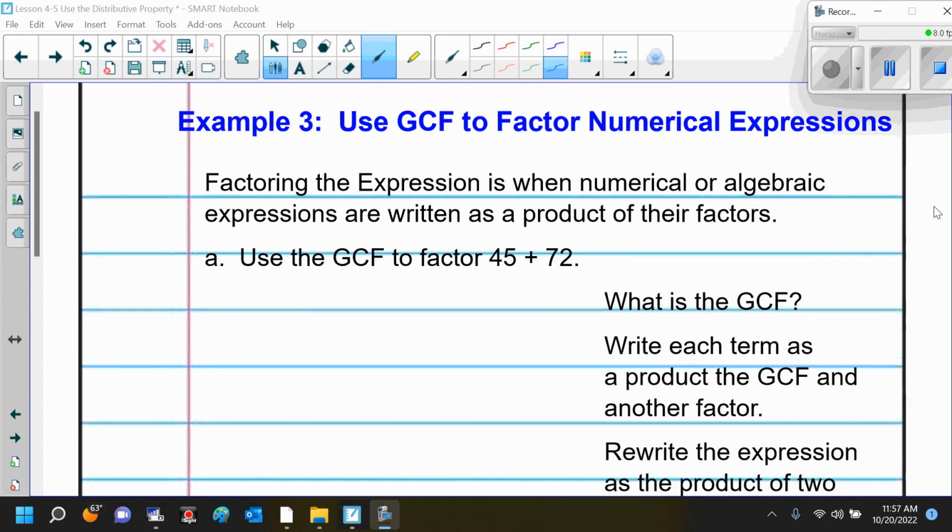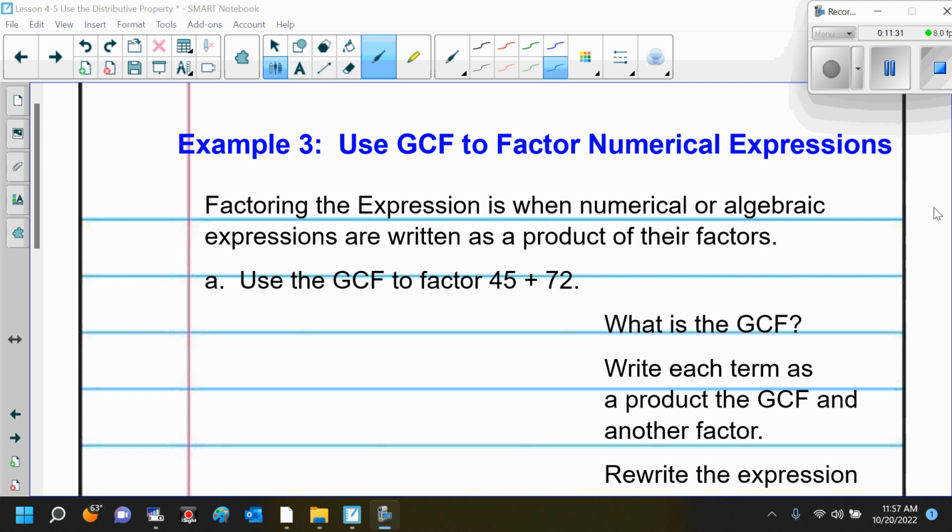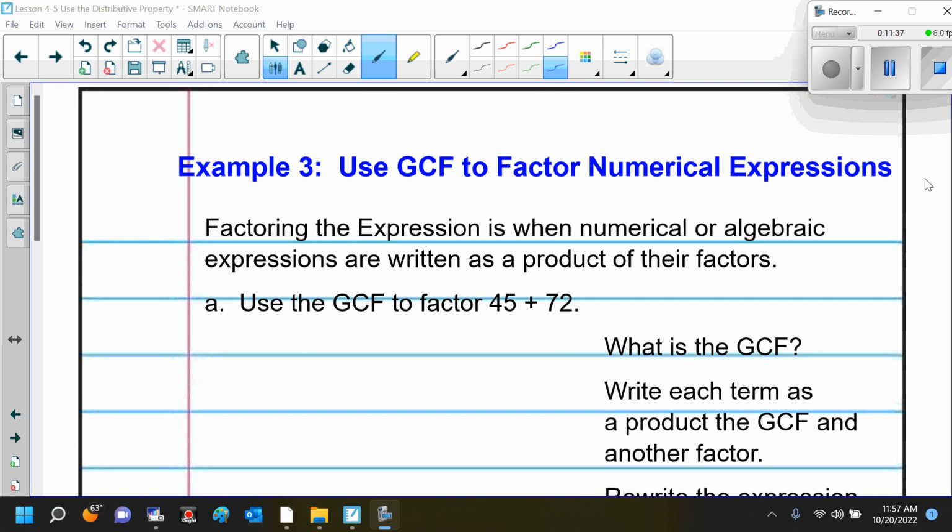So now, example 3 is use the greatest common factor to factor numerical expressions. We are going now in the reverse of the distributive property. Okay? Now, when we were doing the distributive property, what were we doing when we're distributing in? We were multiplying, right?